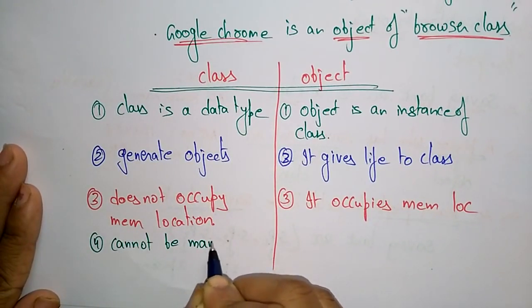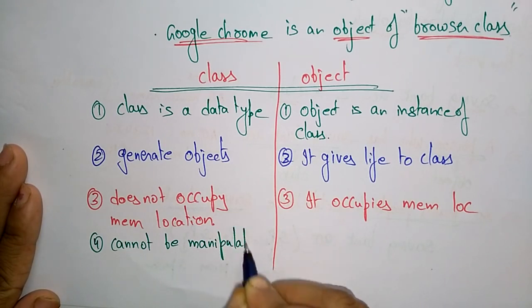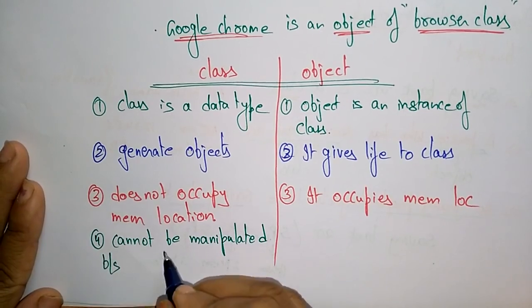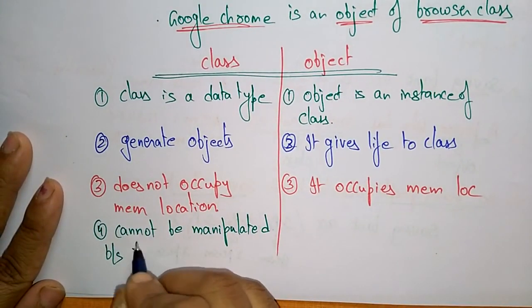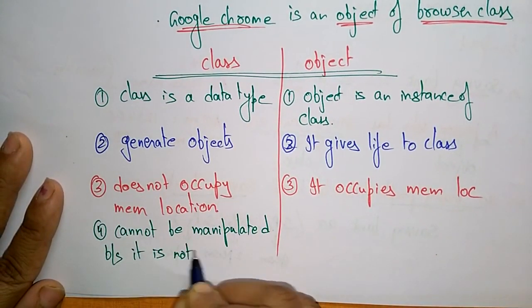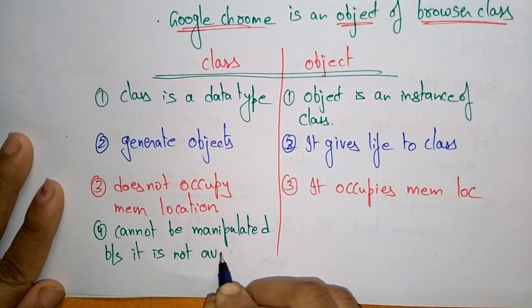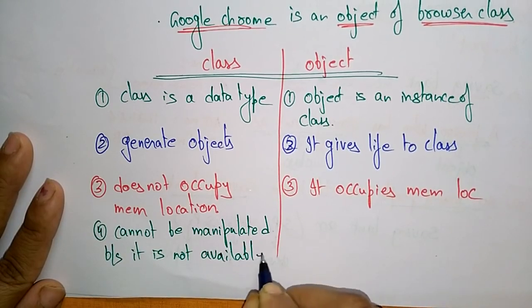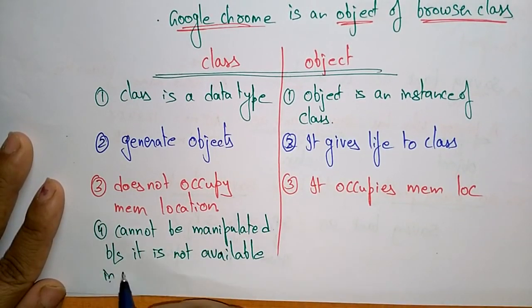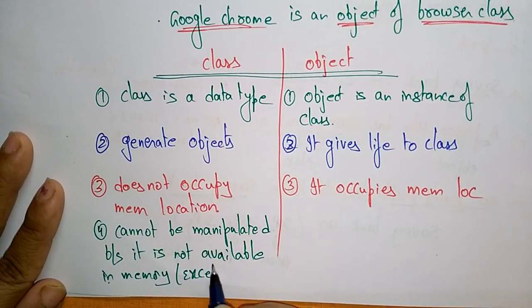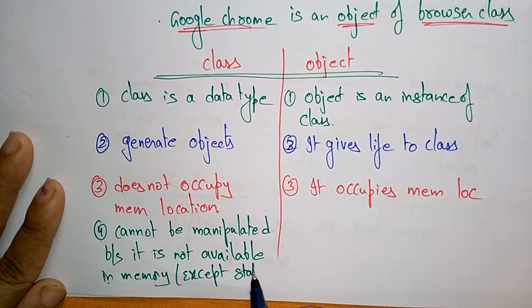Now coming to another difference: class cannot be manipulated. Why can it not be manipulated? Because it is not available in memory, except static class.